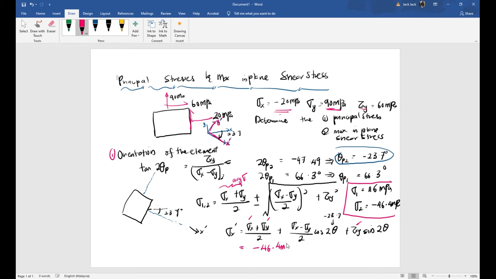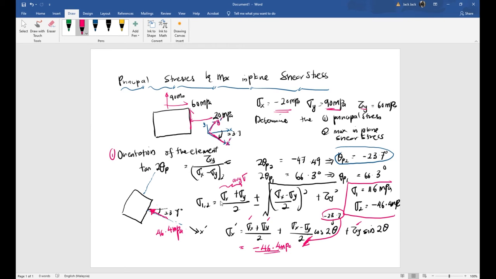46.4 megapascal. So what does that mean? This angle theta, minus 23.7 degrees, will contribute to the minimum principal stress, which is equal to minus 46.4. That means the normal stress here is in the inward direction, equal to 46.4 megapascal. Similarly, we can do the same thing for sigma 1, but there is no need to check because we know already.